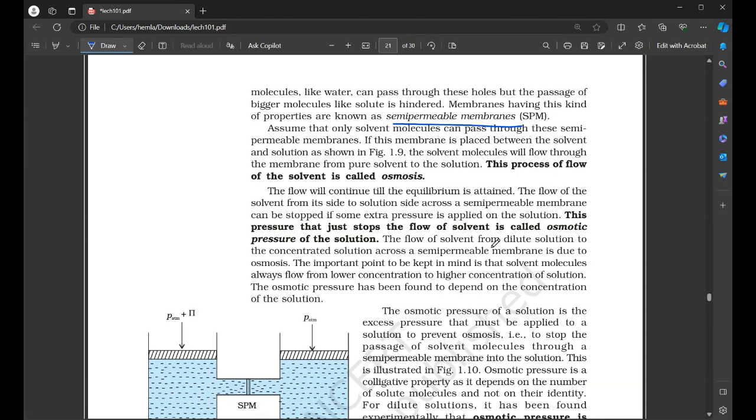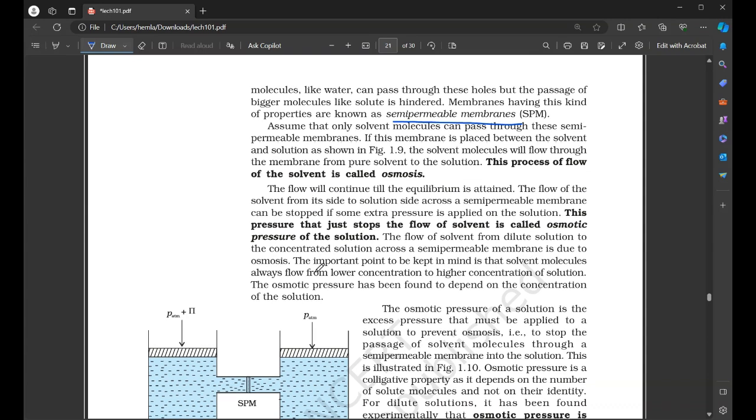The flow of solvent from dilute solution to concentrated solution across a semi-permeable membrane is due to osmosis. The important point to be kept in mind is that solvent molecules always flow from lower concentration to higher concentration, right?